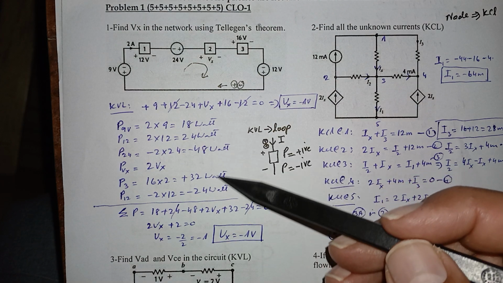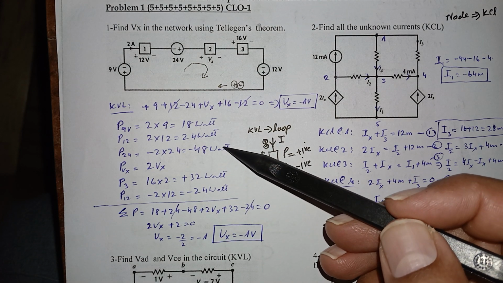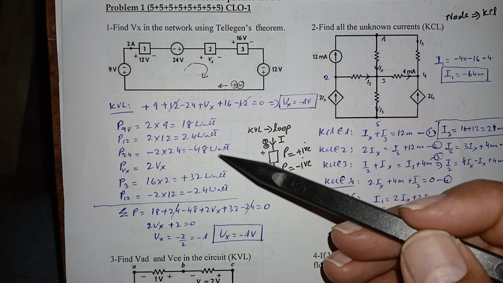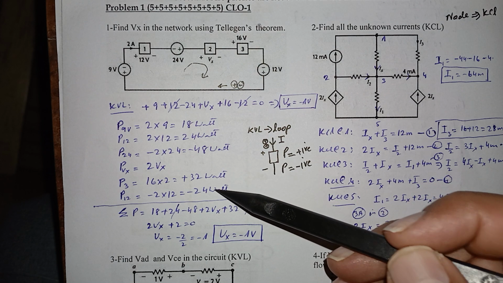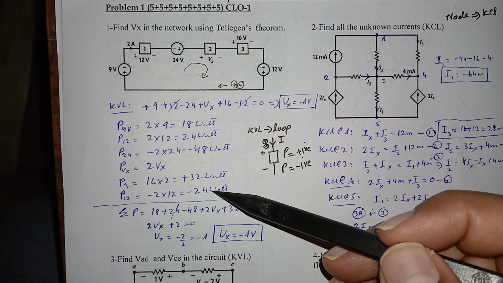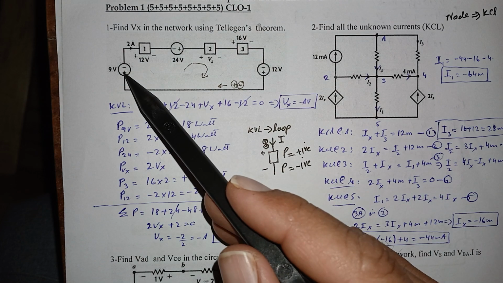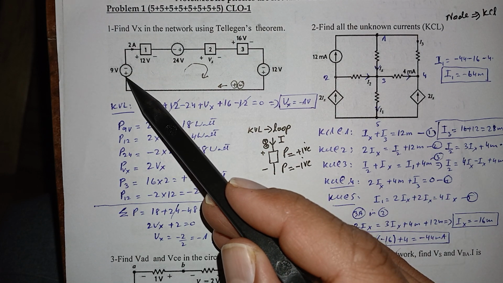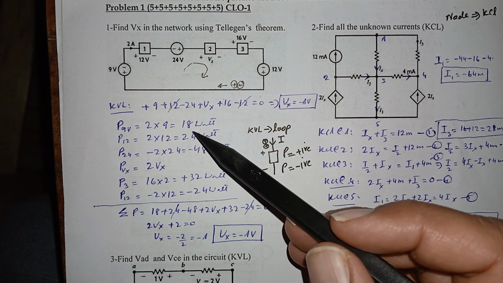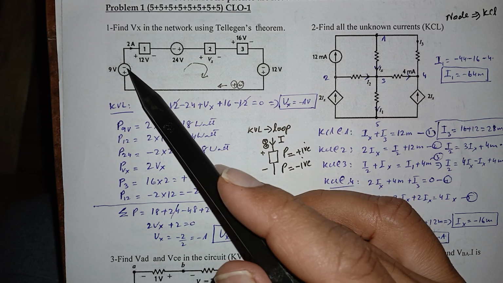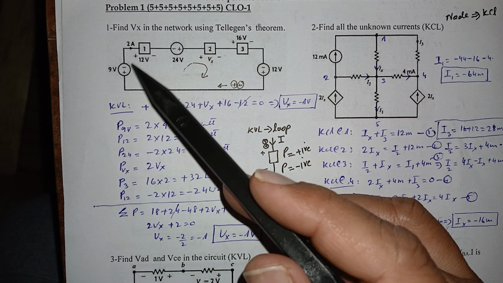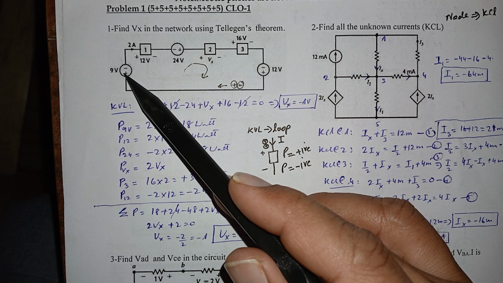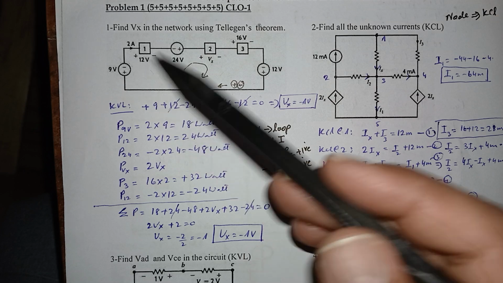So I can see here that only the 24 volt source and the 12 volt source are delivering power, whereas the 9 volt source has positive power, which means we can infer that this voltage source is being charged.